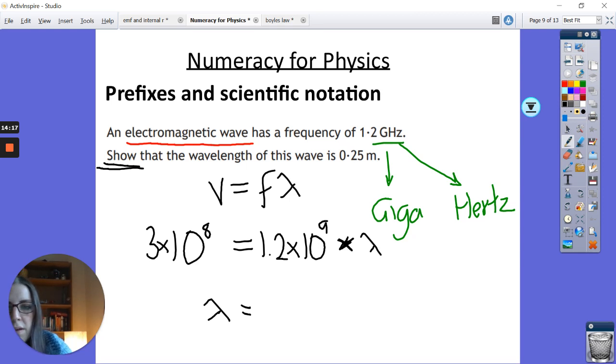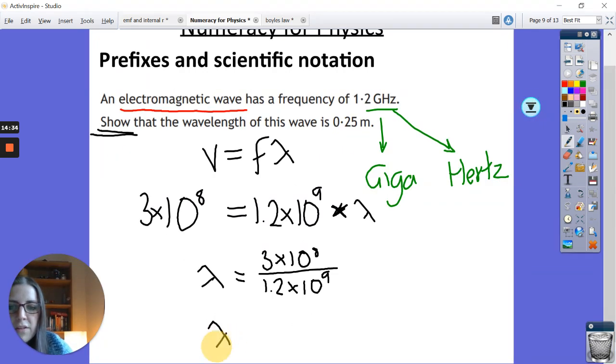So if I write that out, we have 3 times 10 to the power 8, and then separating that 1.2 times 10 to the power 9 from the lambda makes it divide by 1.2 times 10 to the power 9. If you need help putting that into your scientific calculator, that's covered in my other video on how to use your scientific calculator. Okay, and if we put this into the calculator, we get 0.25 meters.